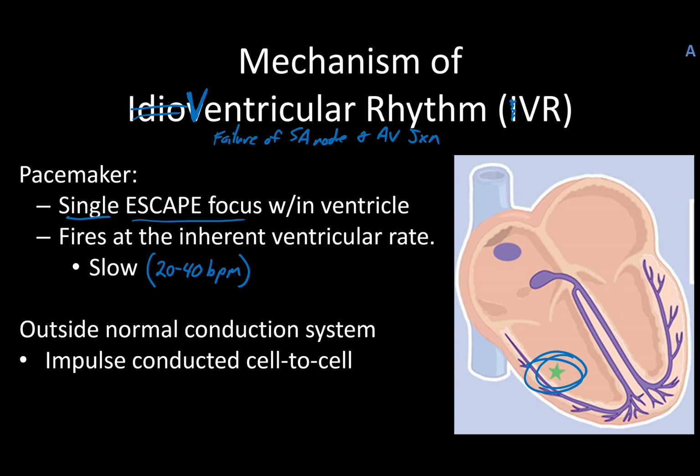And because it's happening outside the normal conduction system, you have that cell to cell conduction, which gives you the wide QRS and the inverse T waves that go with that.